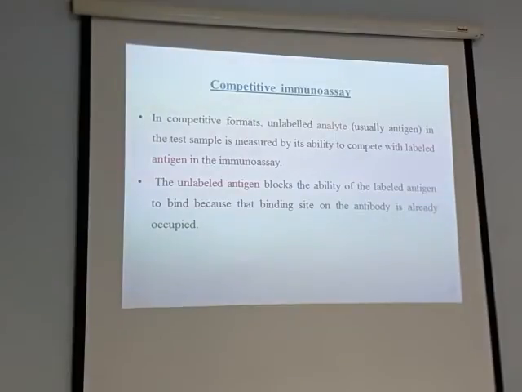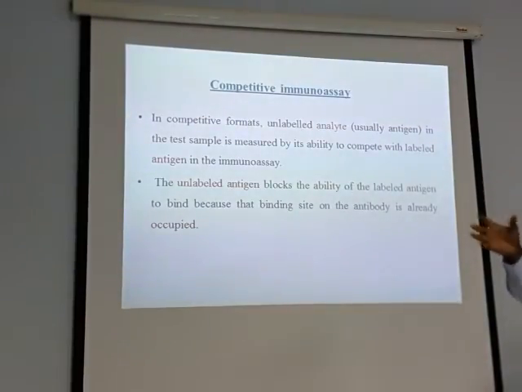That is called analyte. So in the competitive format, unlabeled analyte, usually antigen in the test sample, is measured by its ability to compete with the labeled antigen in the immunoassay. So there is a competition between the unlabeled antigen that is present in our sample and the labeled antigen that is present in our assay kit. Assay kit means the kit used to estimate the sample.